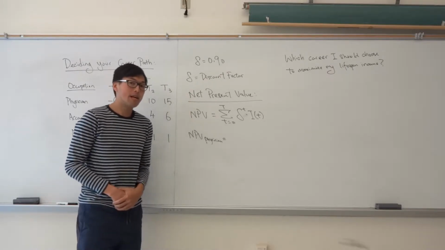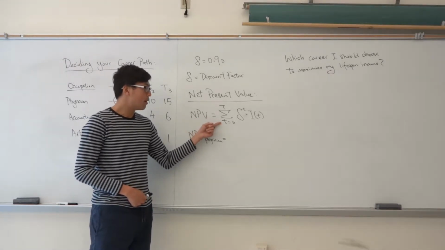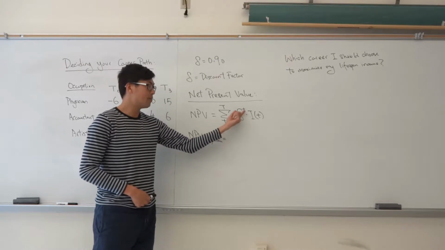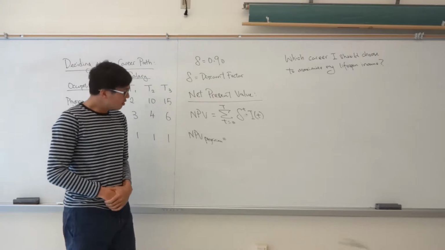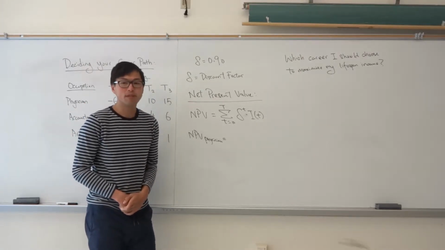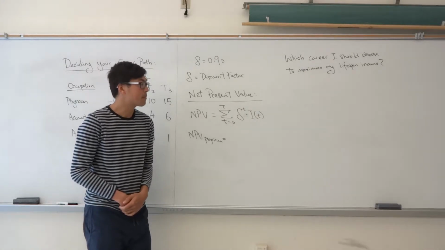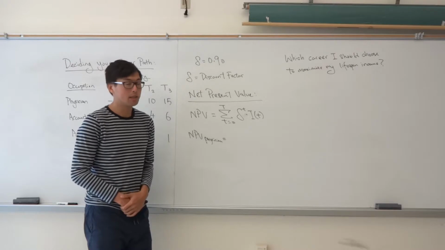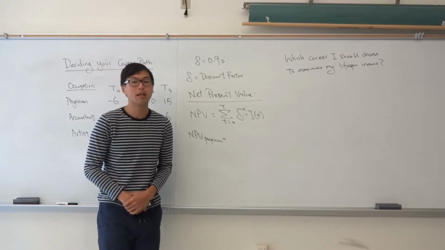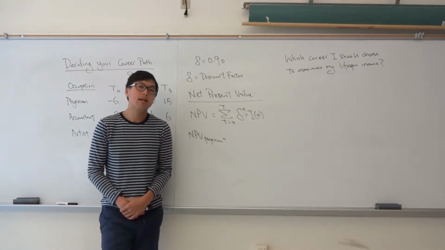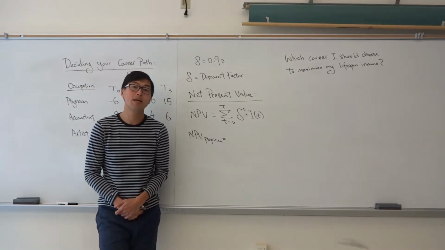In order to calculate the net present value, the book gives you this equation, which is the sum of delta to the t power times your income at time period t. This notation might be confusing for someone out there. If you have not taken advanced algebra or maybe calculus, you might not be too familiar with the summation sign. This summation sign basically means that we are summing the numbers together in order to get the total.